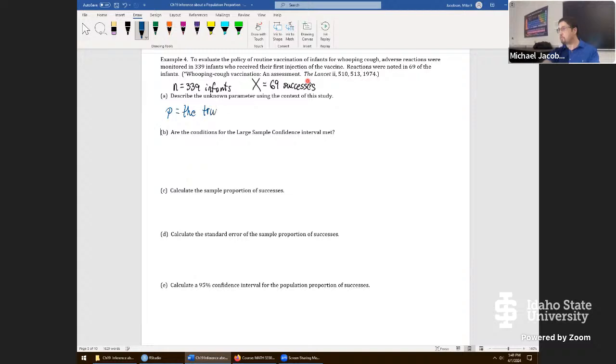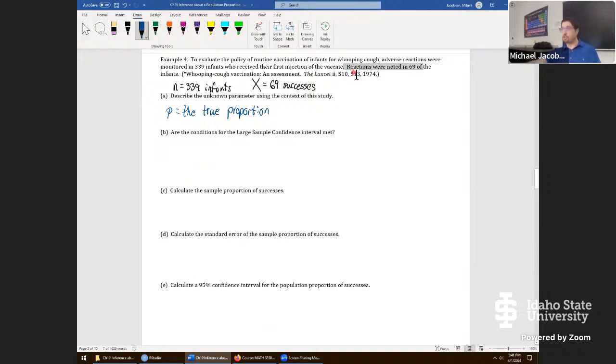the true proportion. In place where I wrote proportion, you're fine to just use percentage if you prefer. And I'll often use percent right here if it's a practical interpretation. So p will be the true proportion of successes, whatever successes were. But when we find the successes, we just go backwards into the problem and look at this portion right here.